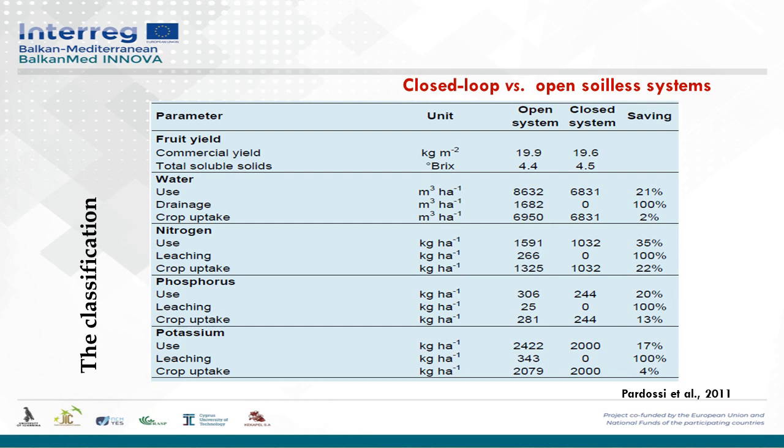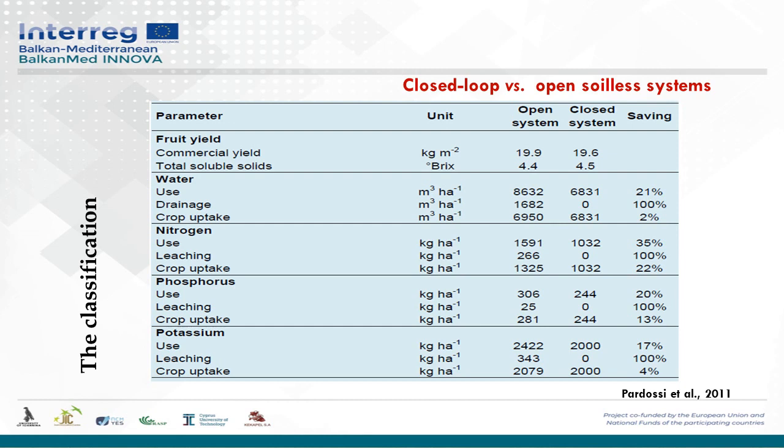And of course there is no leaching at all of nitrogen into the environment in the closed system, and there is a significantly higher crop uptake by the plants, 22% higher nitrogen uptake.